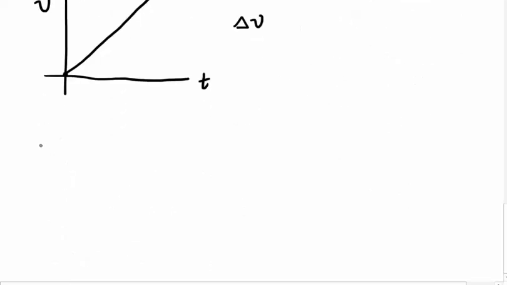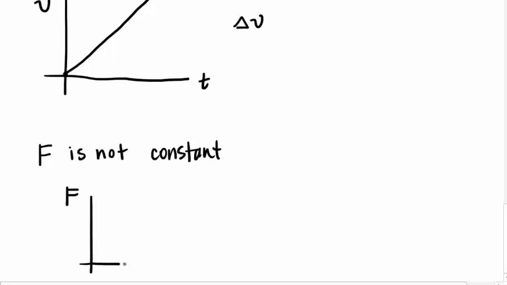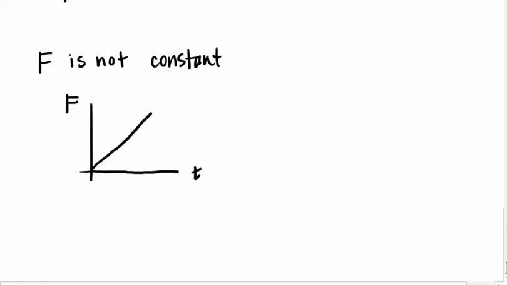What if our force is not constant? The force versus time is not constant. So maybe something like that. Fairly simple, but still not constant. Could you find the impulse? Yeah, you could find the impulse for a particular time interval.